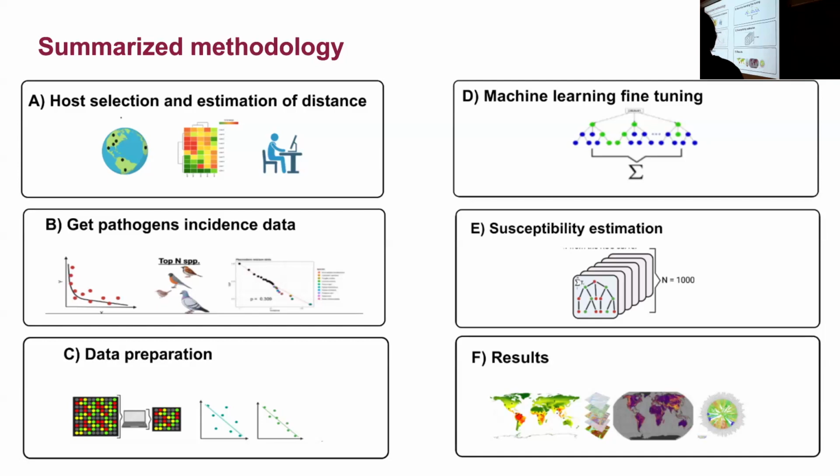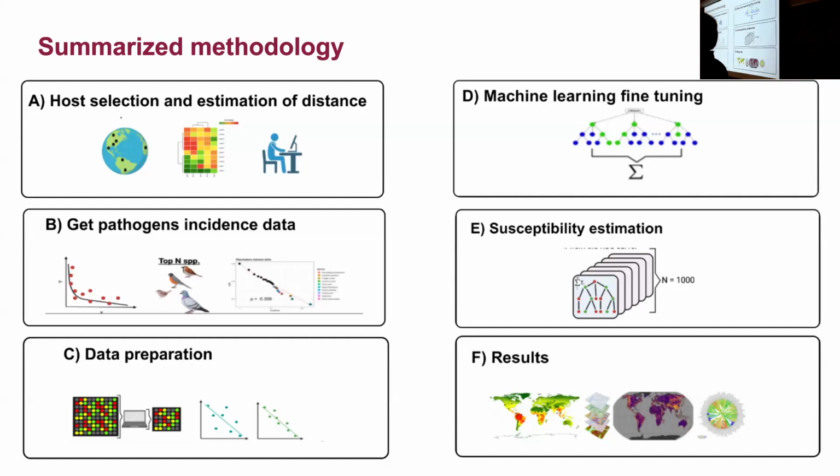We select some hosts that we know are related with some specific parasites. And then we use very specific data between the hosts. In this case, we use the phylogenetic signal between the hosts, that is the phylogenetic distance between two hosts, but also the environmental distance between the known environments of the hosts and the geographical overlap of two hosts.